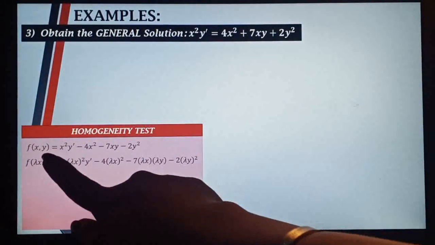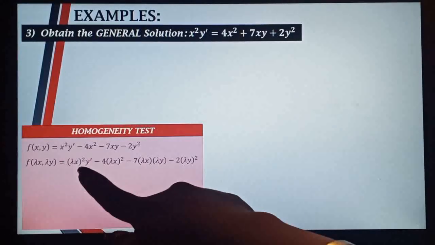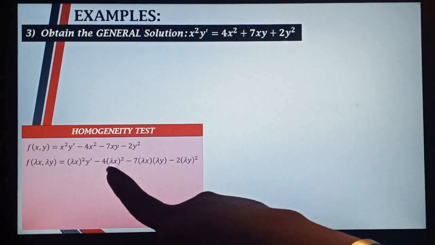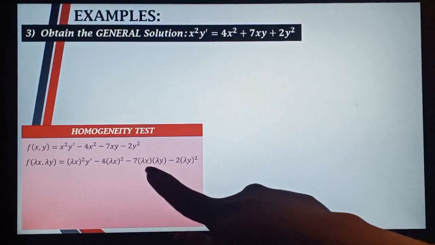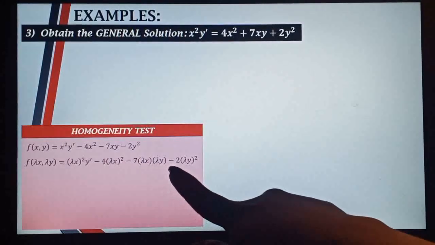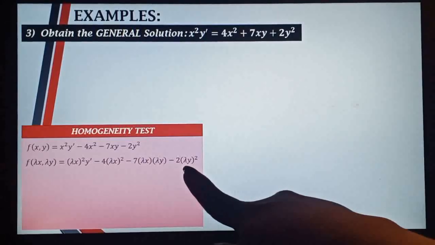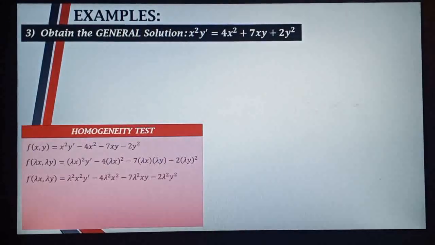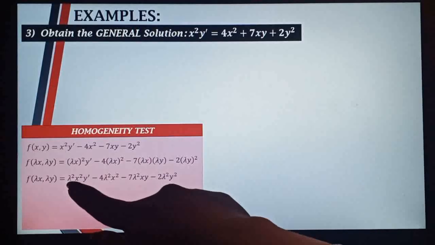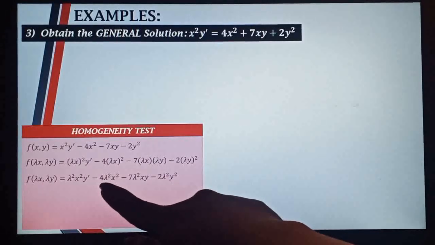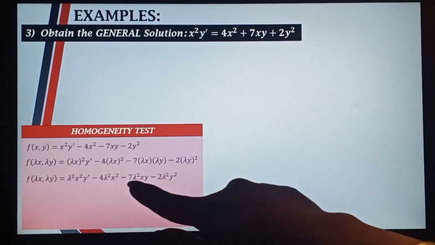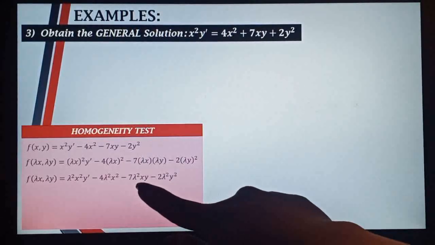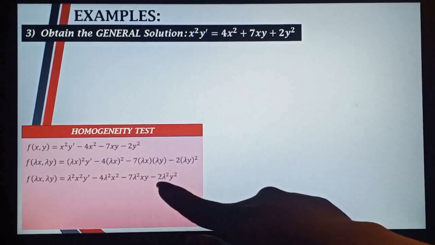You will now have lambda x squared y prime minus 4 of the lambda x squared minus 7 multiplied to lambda x multiplied to lambda y minus 2 of the lambda y squared. Then simplifying the equation, you will have lambda squared x squared y prime minus 4 lambda squared x squared minus 7 of the lambda squared xy minus 2 lambda squared y squared.